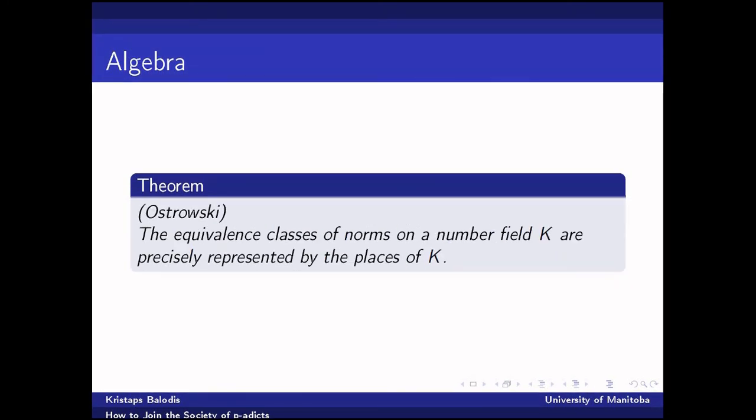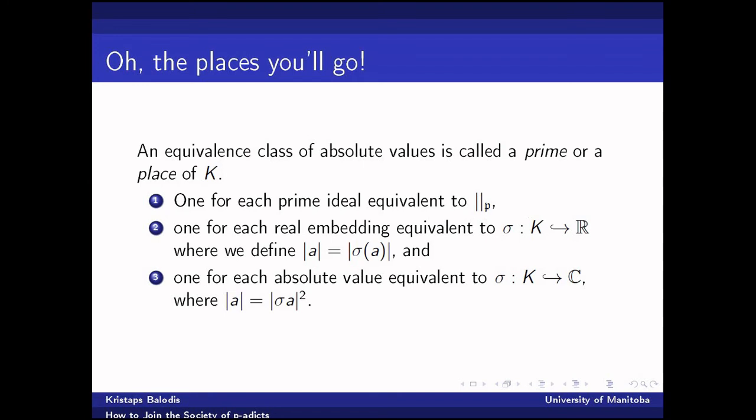Now we come to what I see as one of the crowning theorems of this whole presentation. It's a theorem of Ostrowski, which says that the equivalence classes of norms on a number field are precisely represented by the places of K. So if you recall this slide, I said that we have an absolute value coming from all the prime ideals, each of the real embeddings and each of the complex embeddings.